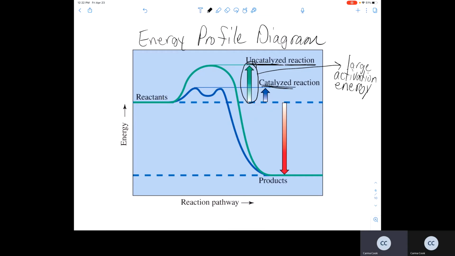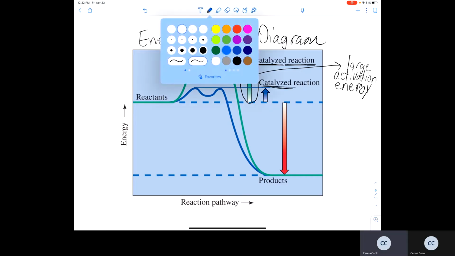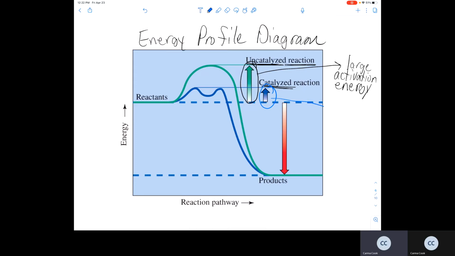However, a catalyzed reaction is going to have a much smaller activation energy, and therefore the catalyzed reaction, shown here in blue, proceeds much faster. You get products much sooner by using the catalyzed reaction versus the uncatalyzed reaction.